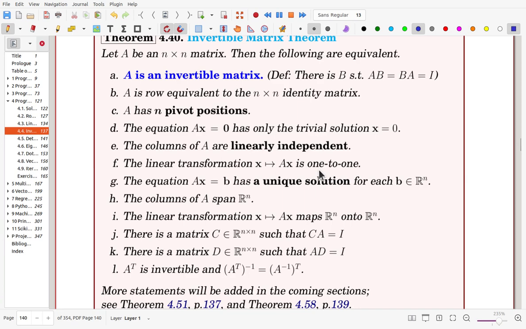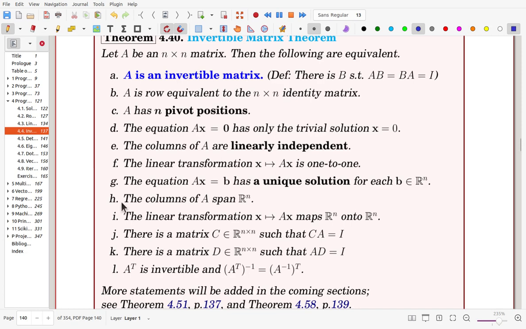We didn't study one-to-one, but it is quite a similar concept to one-to-one when you are dealing with the standard function of one variable. So you may think of it that way. This is one-to-one. And also, this equation has a unique solution for every choice of b.